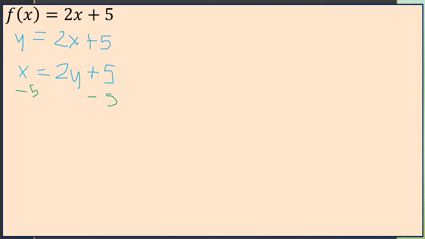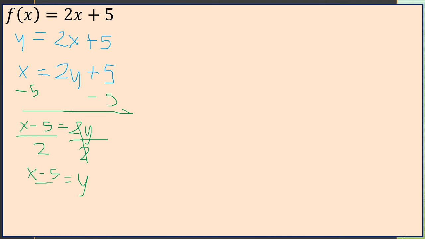Then meron tayong result na x minus 5 equal to 2y. And then, meron tayong katabing 2 sa y dito. So, we're just going to divide both sides by 2, and then cancel natin to. So, we have the result of y, x minus 5 over 2.